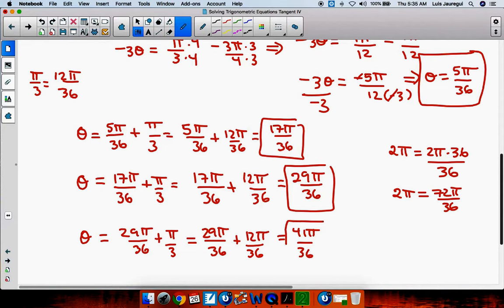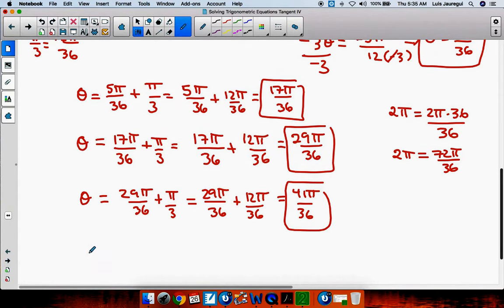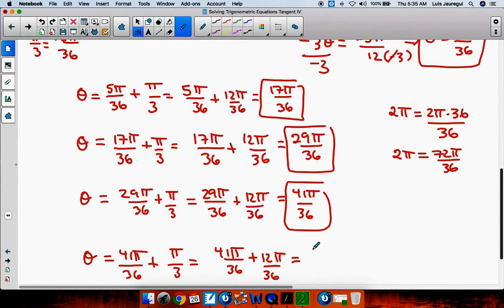Notice that's still less than the 72 pi over 36, so we're good. Let's continue working here. So we have theta is equal to 41 pi over 36 plus pi over 3, which is equivalent to 41 pi over 36 plus 12 pi over 36. And that gives you 53 pi over 36.